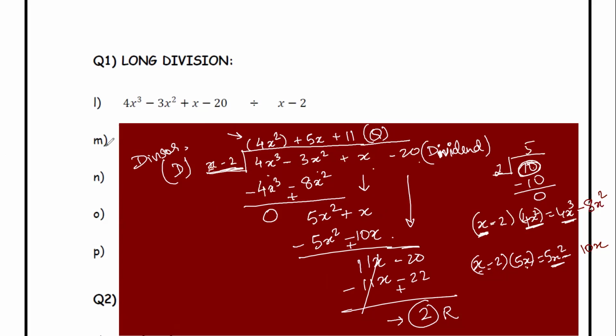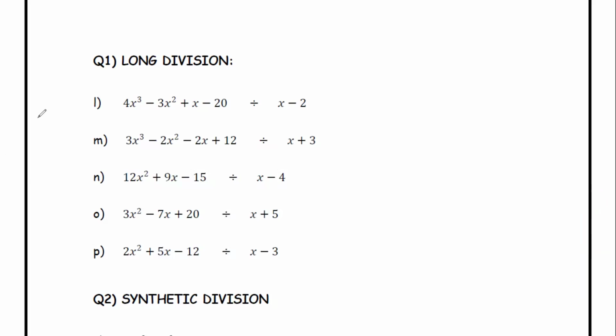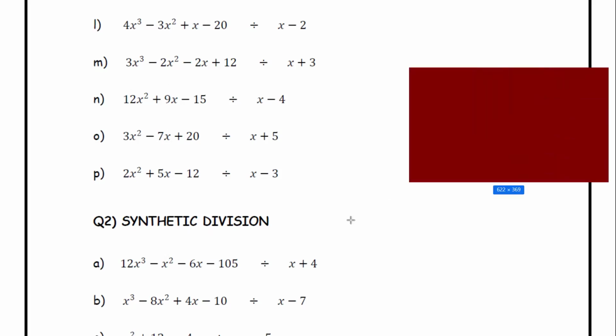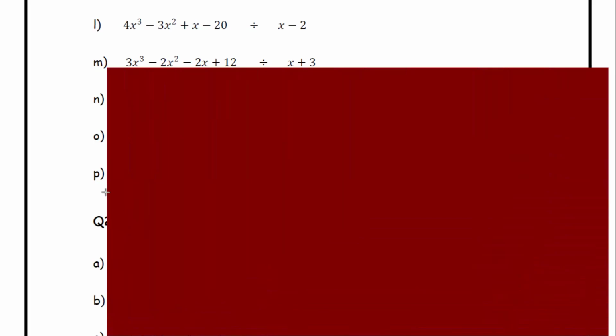Okay, let's solve M. So x plus 3, and you have 3x cubed minus 2x squared minus 2x plus 12.